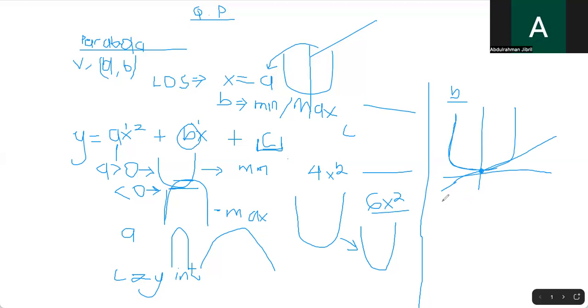Now, I would want to introduce another concept. You can use the same concept to find the equation of the tangent line that is drawn at the y-intercept. That is this tangent line I've drawn here. To find the equation of this line, we use the B here that I'm talking about.